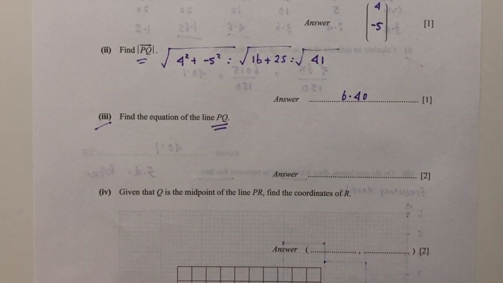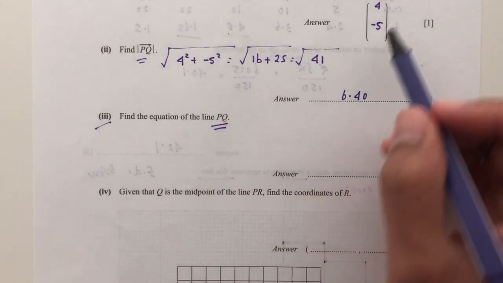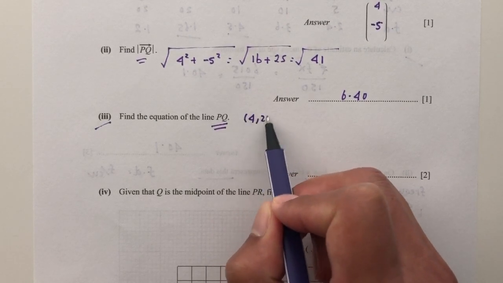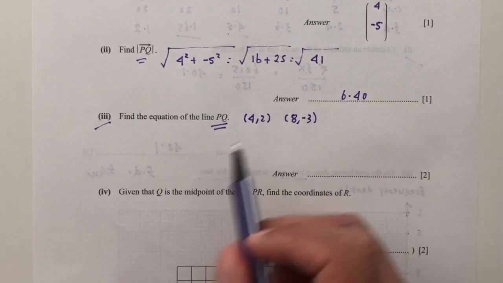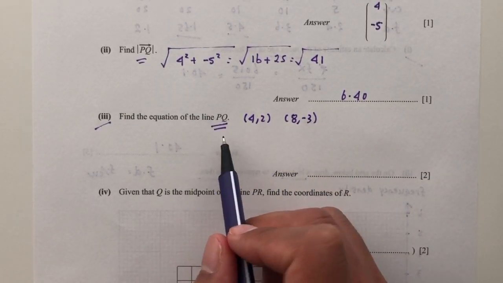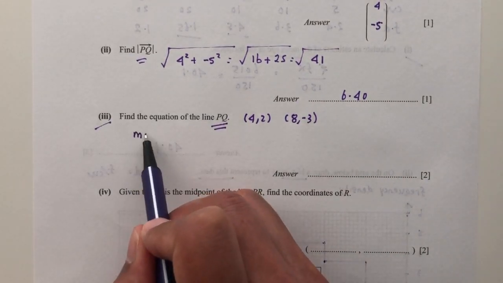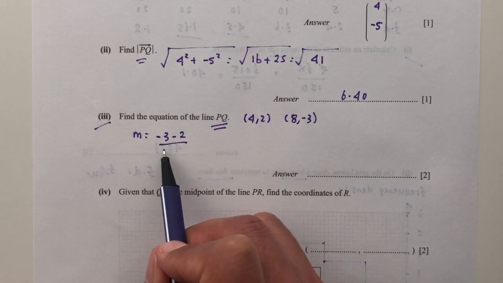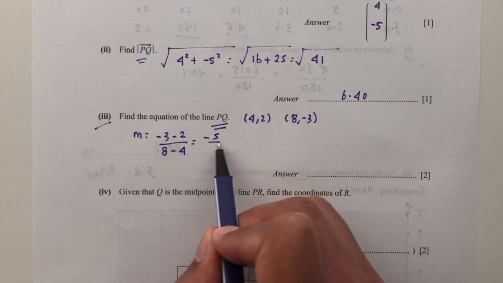Now part 3, find the equation of the line PQ. We have to find the gradient. So (4, 2) is P, and Q is (8, -3). The gradient is y2 minus y1 divided by x2 minus x1, that will be -5 over 4.